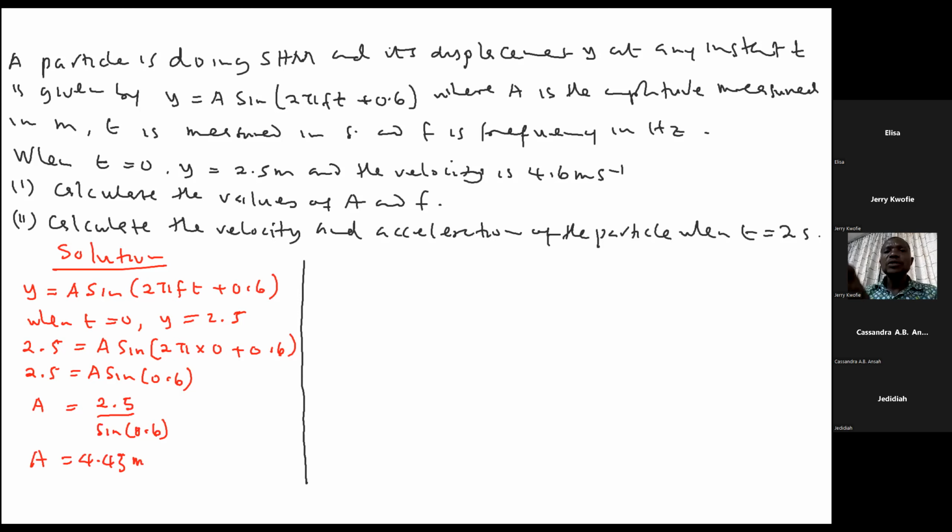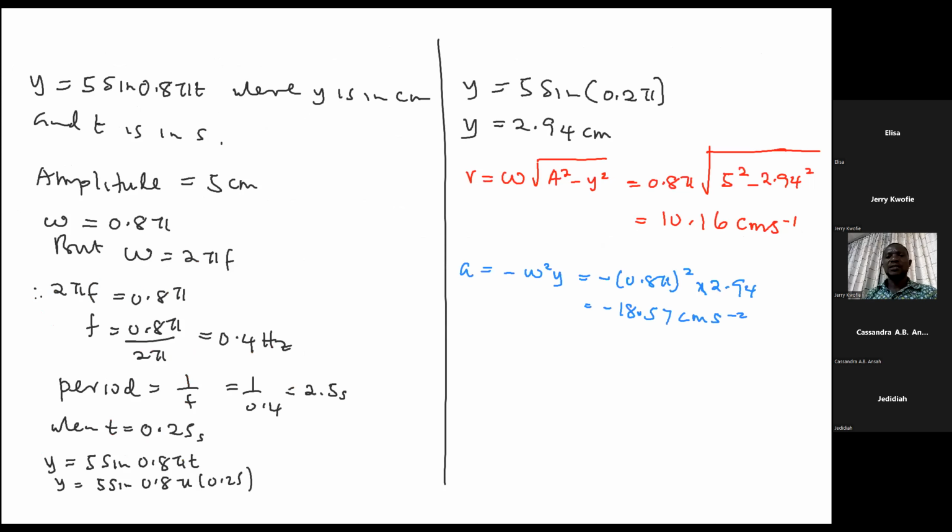We have used those conditions, t equal to 0, and then the displacement. But the velocity is not directly captured in the displacement formula. If we go to these pages, let me take you there.